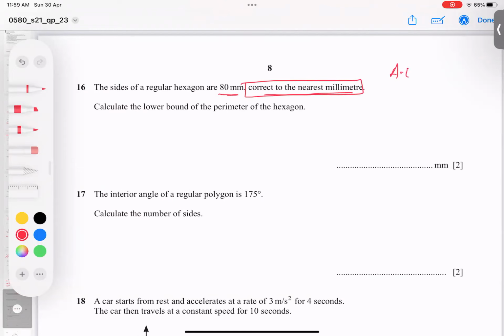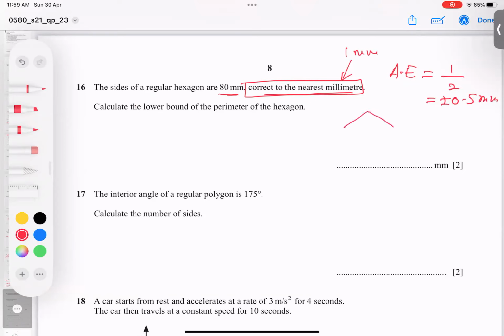So for the absolute error, he has given millimeter, which means 1 millimeter. So 1 millimeter divided by 2, always plus and minus 0.5 millimeter. In the case of upper bound I will use plus, and in the case of lower bound, minus. He's saying calculate the lower bound of the perimeter of the hexagon.